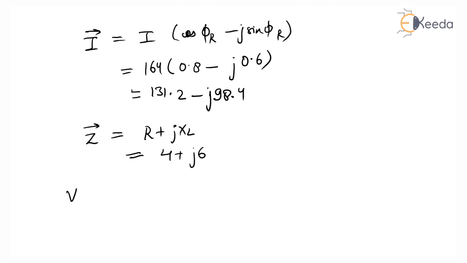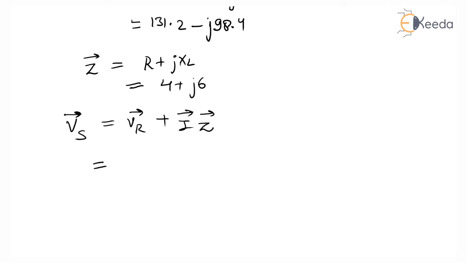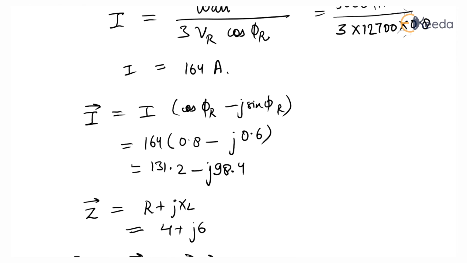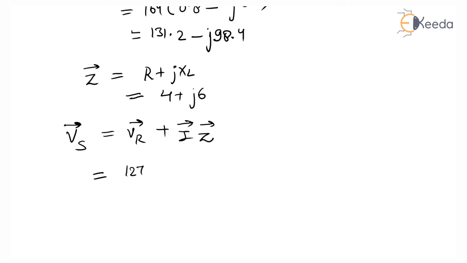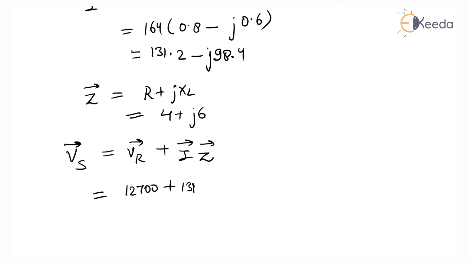Now put the values of VR, I and Z in the equation. So vector Vs is equal to vector VR plus vector I and vector Z. So VR is 12700 plus (131.2 minus j98.4) into Z, (4 plus j6).